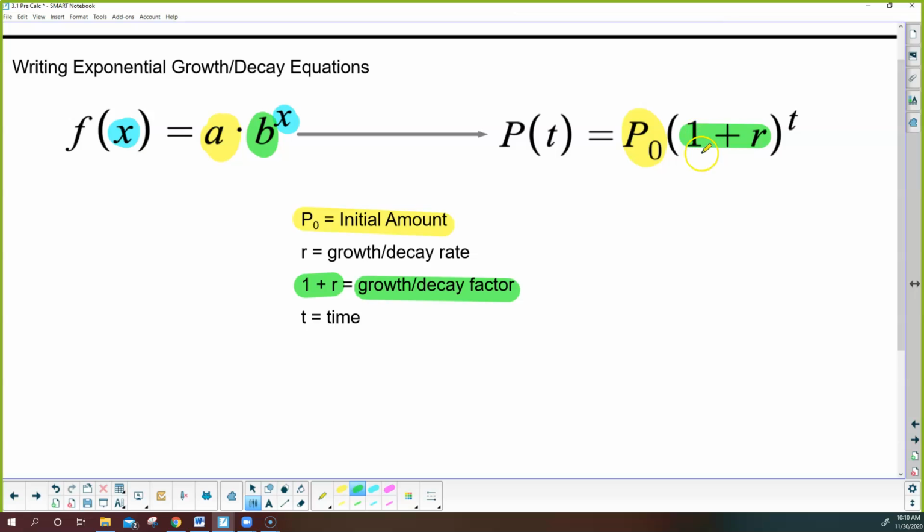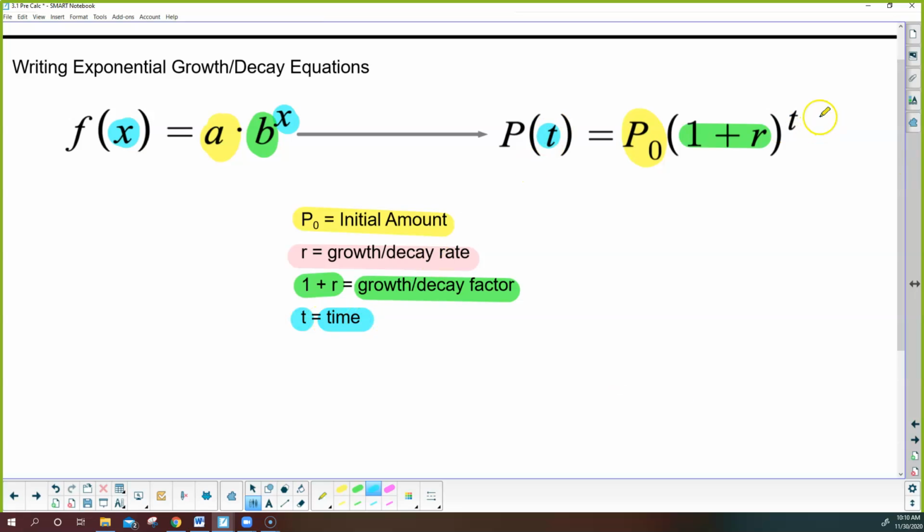Right? And then you most likely are going to have to do a little bit of work to figure out what the growth or decay rate is. So what is just R? Now it's not going to be set up as 1 plus R. It's going to be 1 plus whatever the rate is, and then you have to undo. So you'll basically be solving for R. All right, and then T is always going to represent time.